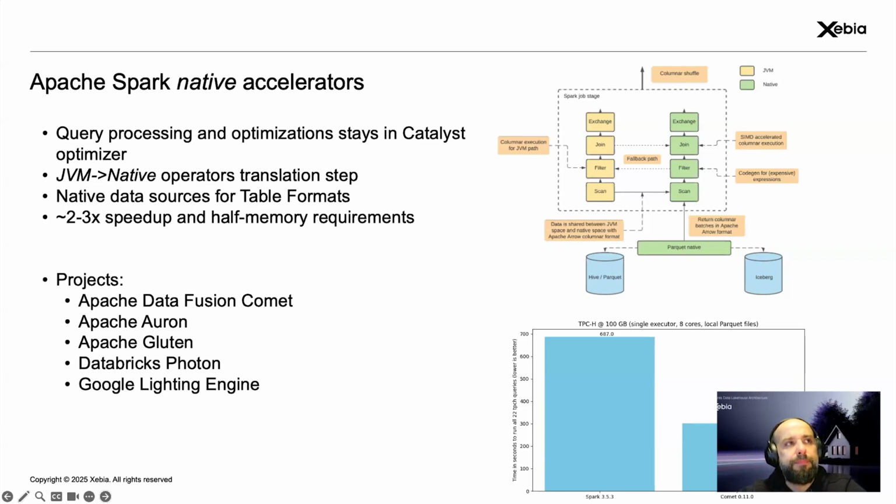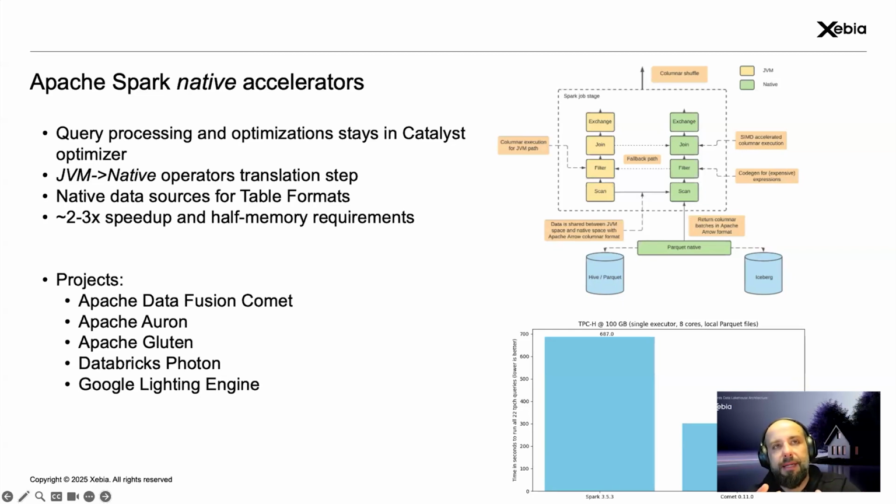And now these projects are really getting traction. For example, Apache Data Fusion Comet is supported by Apple. They are using that internally in their data platform. Photon is something also that is highly promoted by Databricks and available in their platform. So the idea here is to preserve the API, so you don't need to rewrite your jobs.